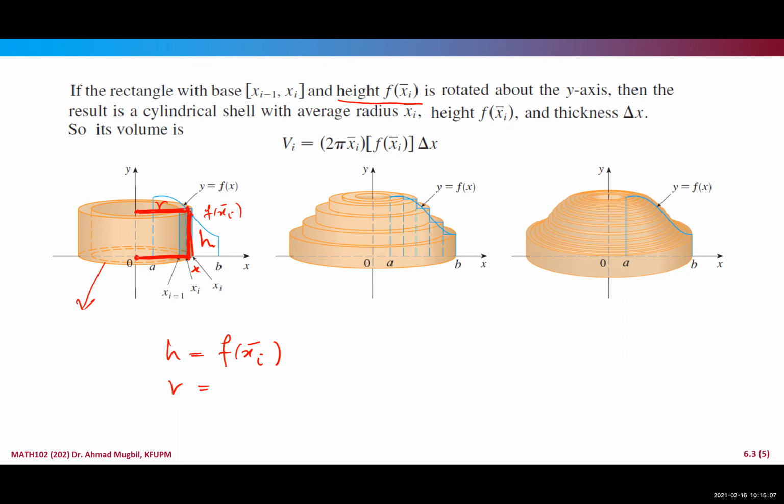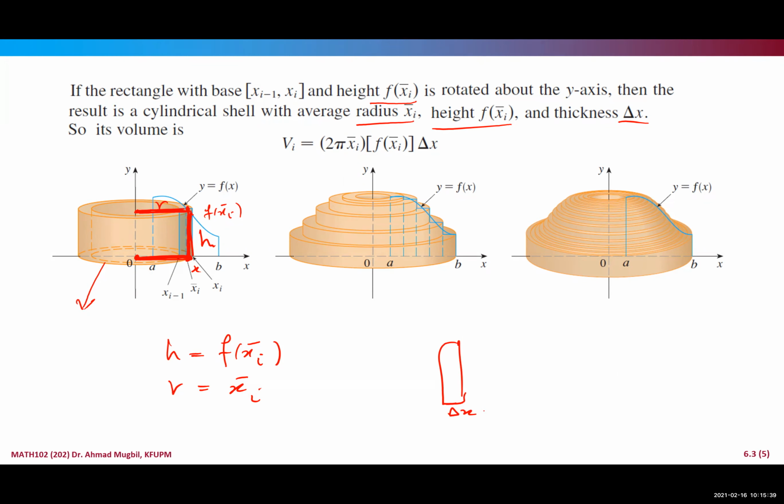The distance from here up to here. x bar, yes. So the radius is x_i bar, and the height is f of x_i bar. Of course the thickness variable is delta x, because the rectangle is perpendicular to the x-axis.